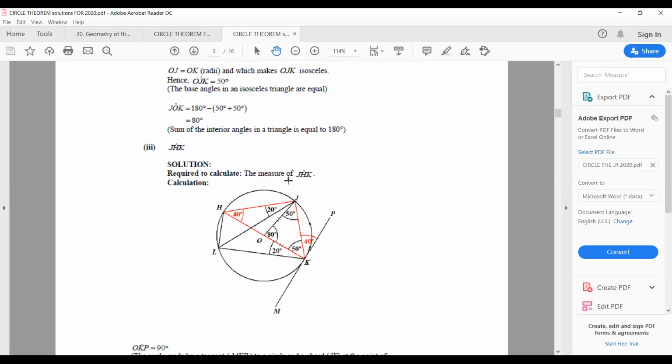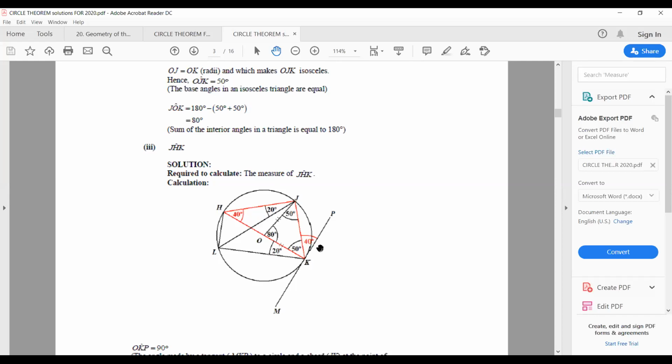Cool. All right, so here we will be utilizing theorem 9. Theorem 9 says that the angle formed by the tangent, which is this angle here, is equal to the angle in the alternate segment.